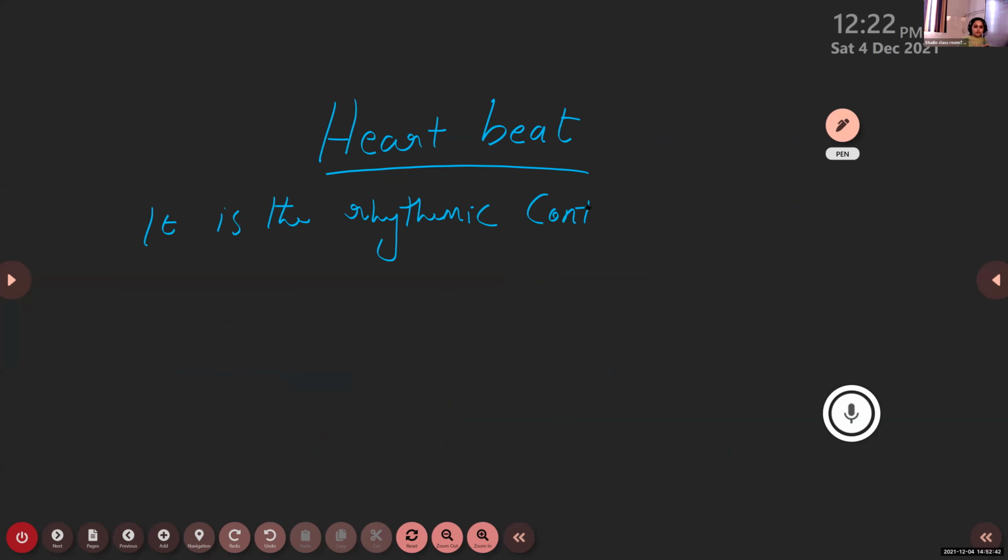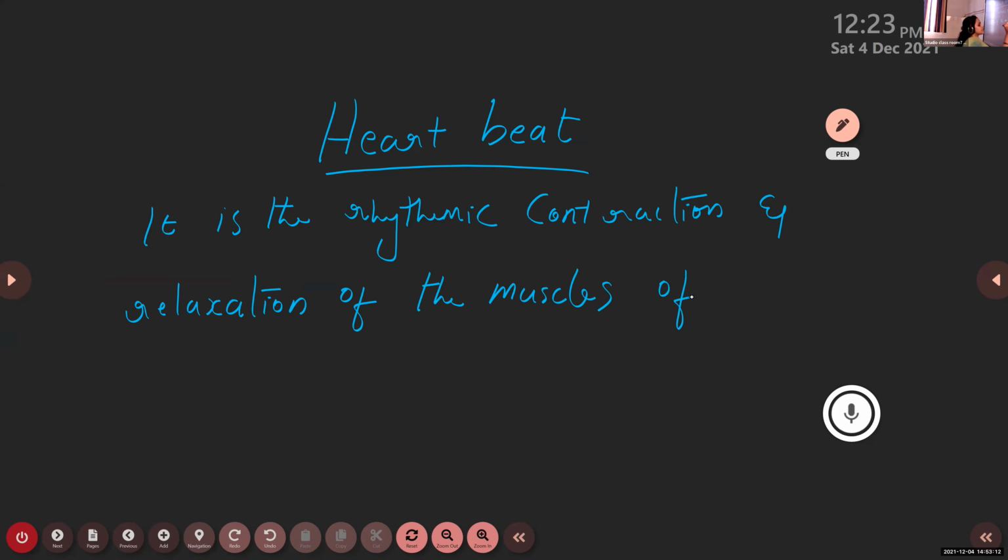It is the rhythmic contraction and relaxation of the muscles of the heart. One contraction and one relaxation constitute one heartbeat. And where can we find these muscles?